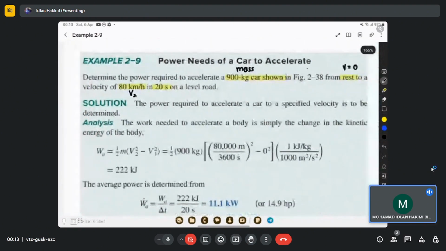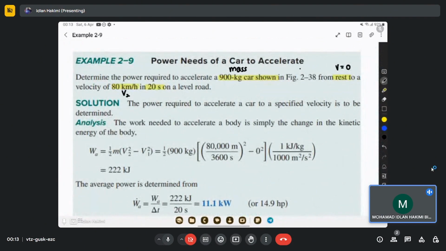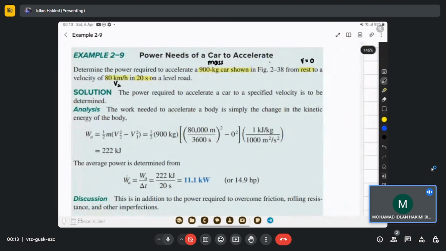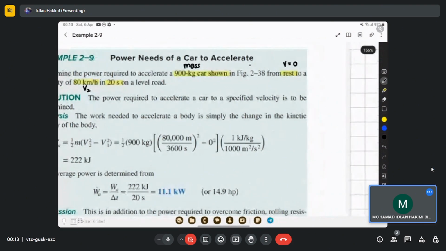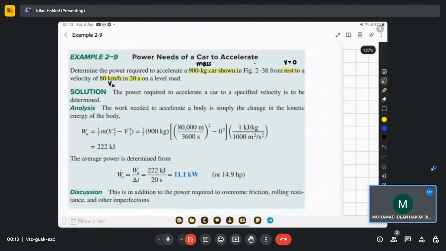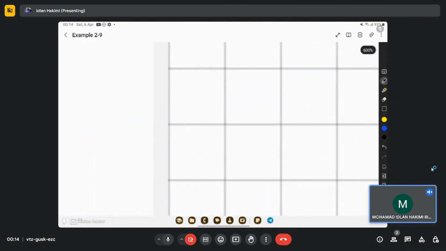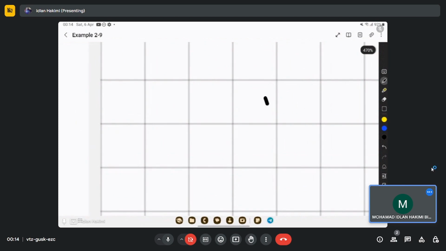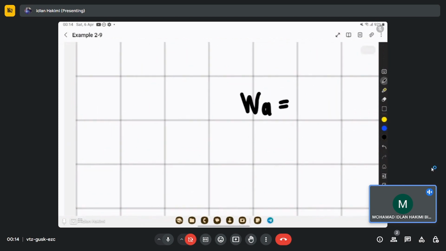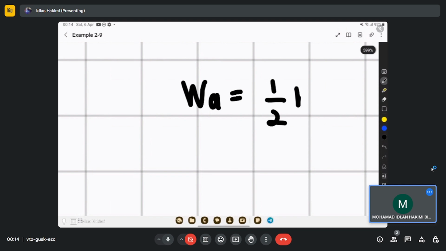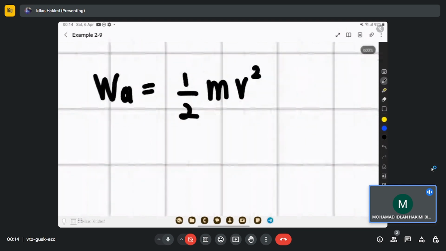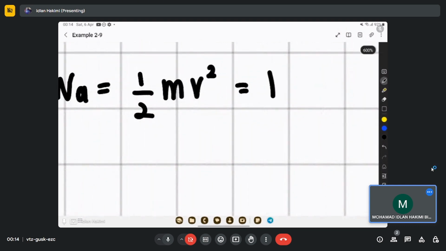So the solution: the power required to accelerate a car to a specified velocity is to be determined. As we know, when we find the power, we have to know the formula of the work. This formula, which is W_a, equals 1 over 2 m v squared. This is also known as the kinetic energy, the same formula as the kinetic energy.